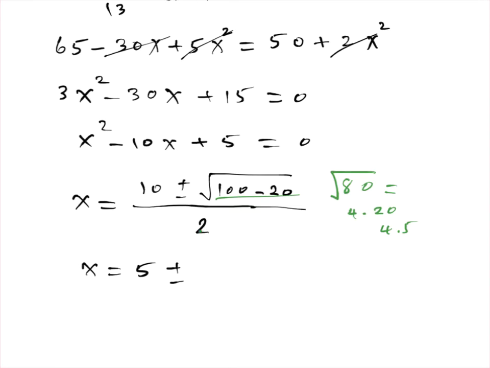When you divide by 2, that 2 disappears, and then it leaves you with the square root of 5, times 2. Now, we got two answers. x equals 5 plus 2 square root of 5, and x equals 5 minus 2 square root of 5.